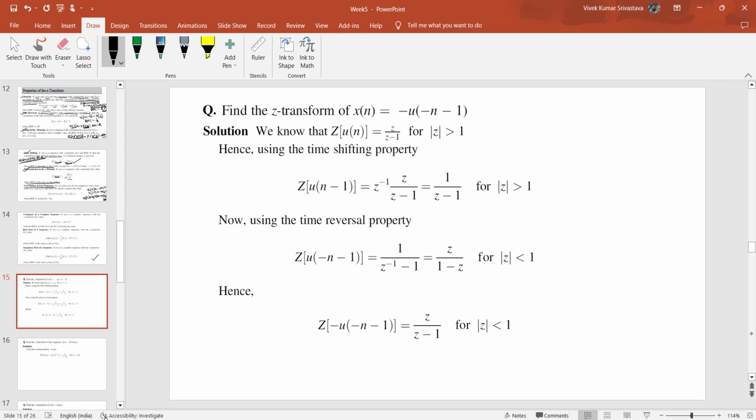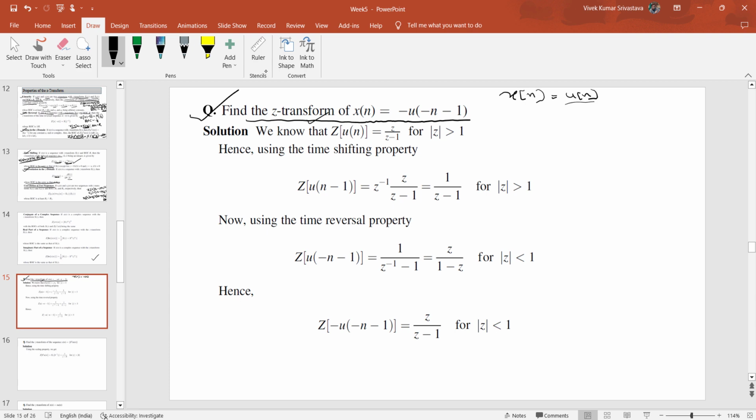Okay, so here we have to find the z transform of the signal minus u of minus n minus 1. We will use the properties for evaluating the z transform of this signal. First of all, we have to know the z transform of u of n.